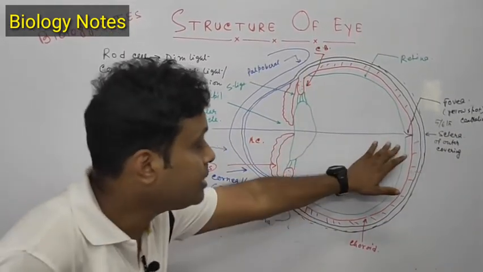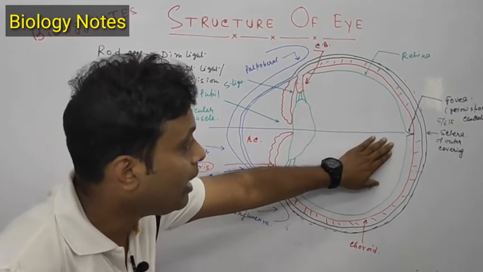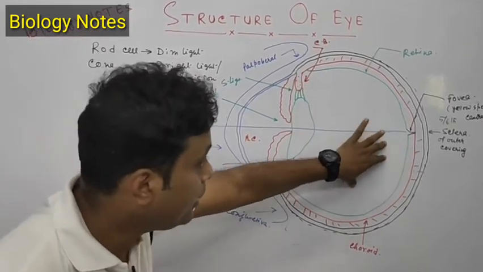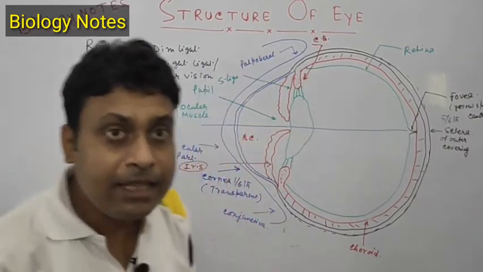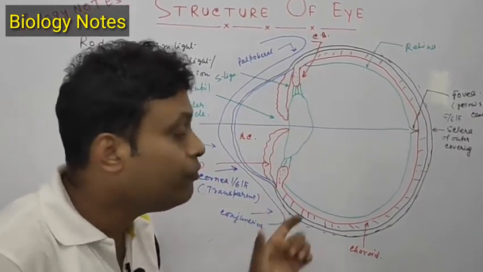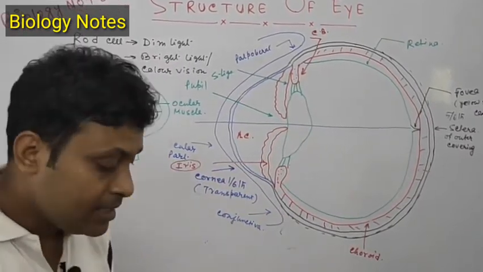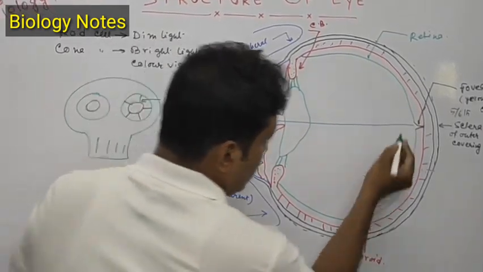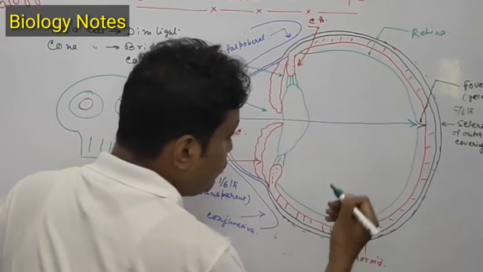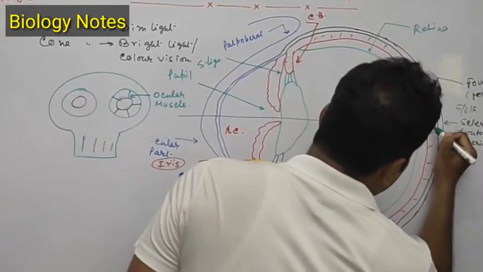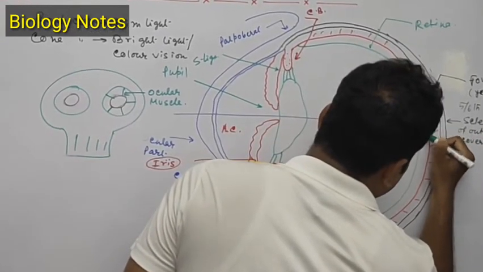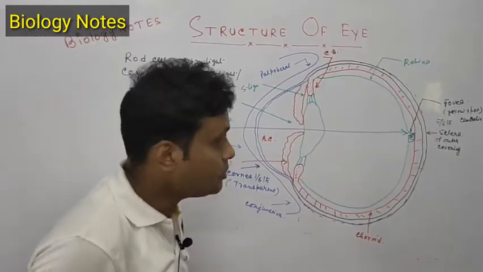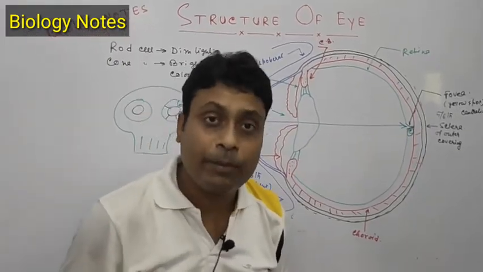The point of the retina where light strikes is known as fovea, and the depression in the fovea is called fovea centralis. Since the light directly strikes this portion, it is rich in cone cells, because the cone is sensitive to bright light.